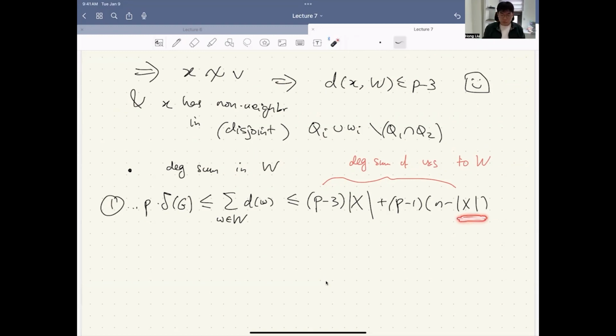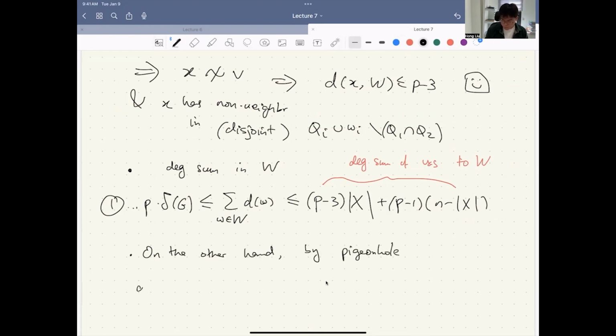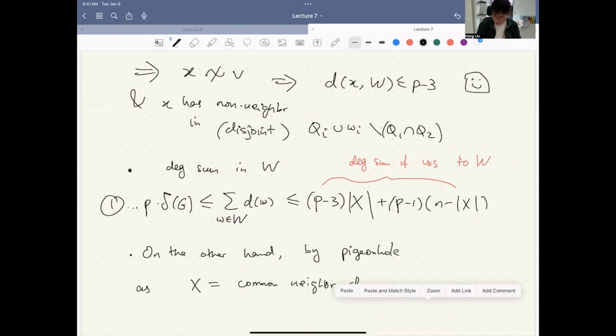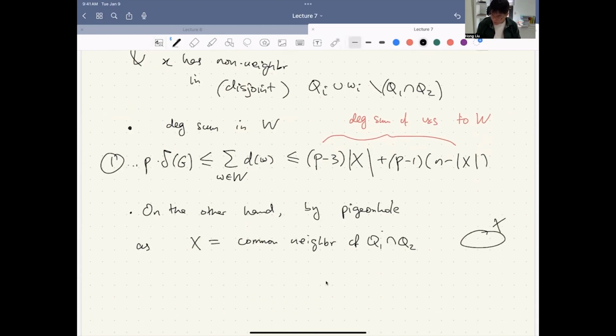Now we're going to bound X in a different way. In the second way, on the other hand, just simply by pigeonhole, remember, X is a common neighbor of Q1 intersect Q2. This is a common neighbor, so they are complete to each other.